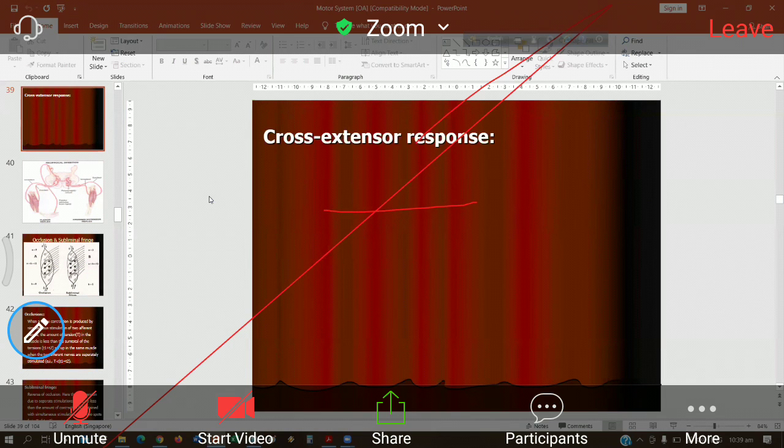This is what is called crossed extensor response. If flexor muscles of one limb are stimulated, the extensor muscles of the opposite limb will be stimulated. That means when we are withdrawing one limb from a harmful or injurious stimulus, the other limb is extended.